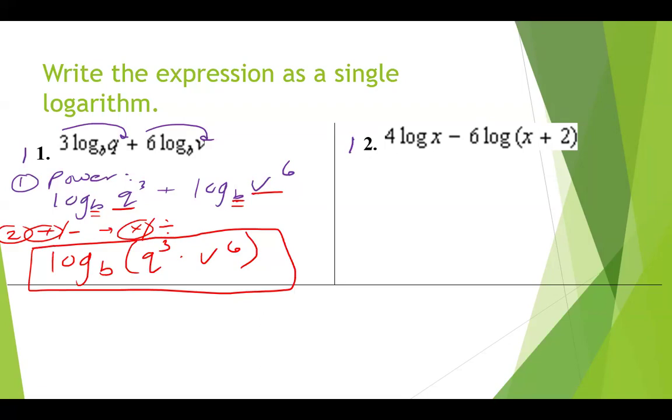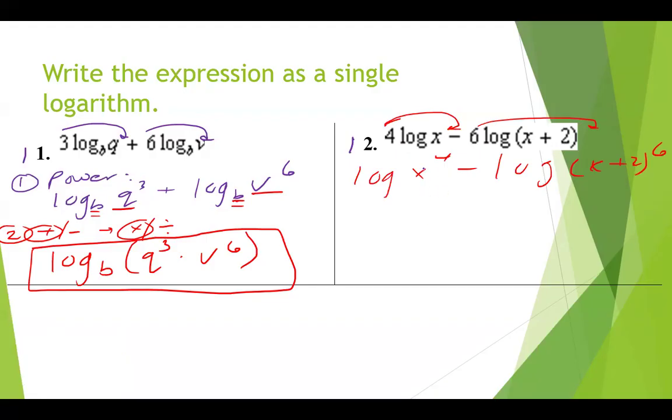All right, your turn. So let's talk about it. Step 1 is we start with the power property. We take all of our coefficients and turn them into powers, so we end up with log of x to the 4th minus log of x plus 2 to the 6th. Step 2 is to decide, are you adding or subtracting? We are subtracting, so that's going to lead us to division.